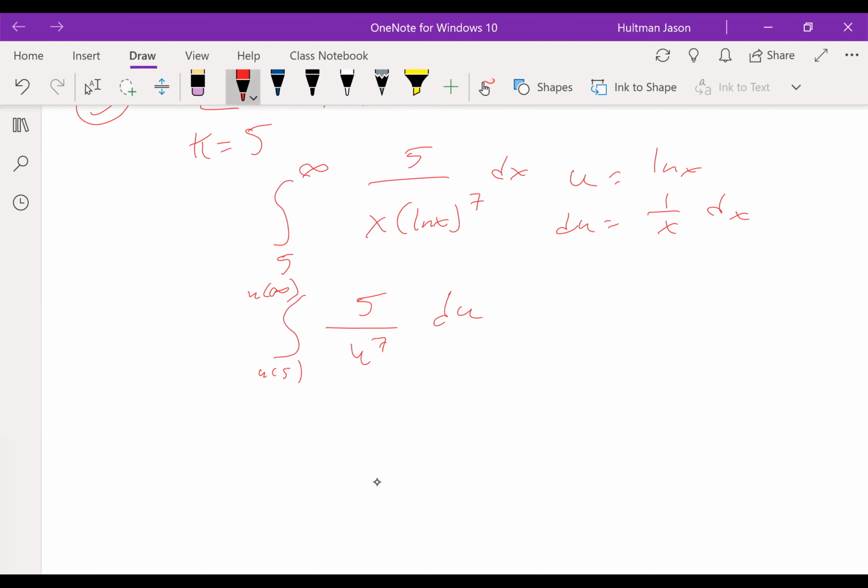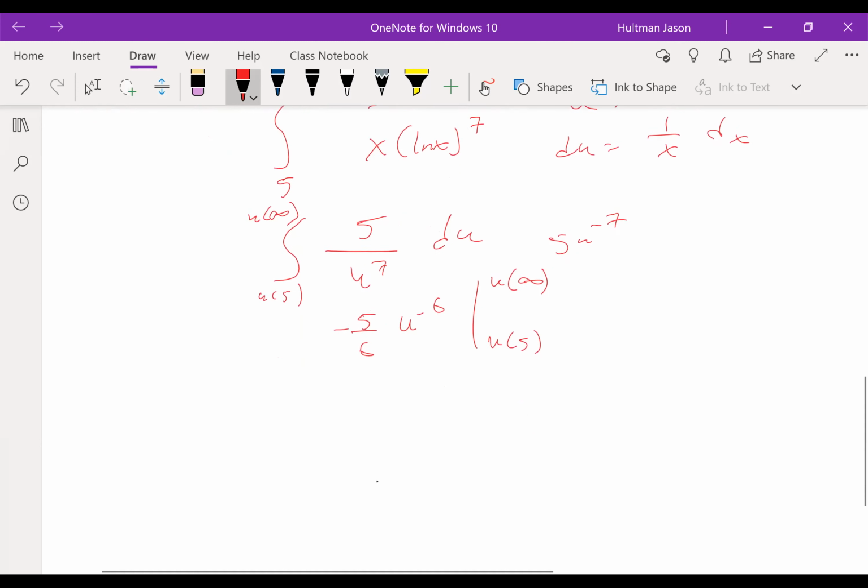Okay, so we're going to integrate this thing. This is u to the negative 7th, so this is 5u to the negative 7th. We're going to go up a power to negative 6 and then divide by negative 6. So this becomes negative 5/6 u to the negative 6, evaluated from u of 5 to u of infinity.